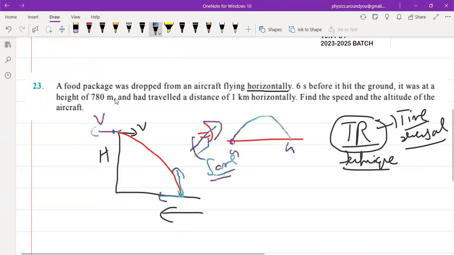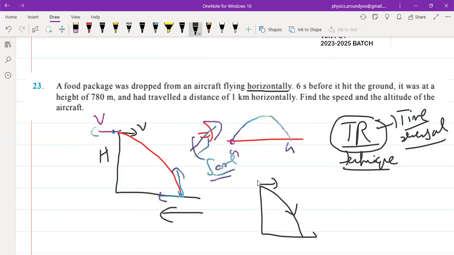What is the equivalent picture? As I told, the technique is, instead of imagining it like this, I imagine it like that, where this speed will be v. The same picture, I imagine it being recorded in a video camera, and I run it backwards.